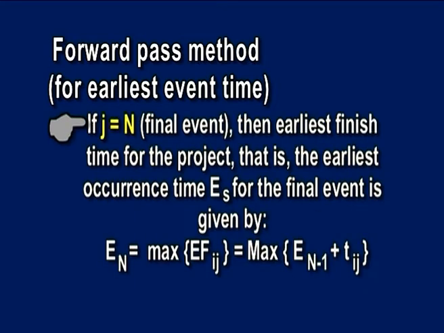Sixth, if j is equal to n, that is the final event, then the earliest finish time for the project, that is, the earliest occurrence time E of n for the final event is given by E of n is equal to max of Ef of ij equal to max of E of n minus 1 plus T of ij for all terminal activities.